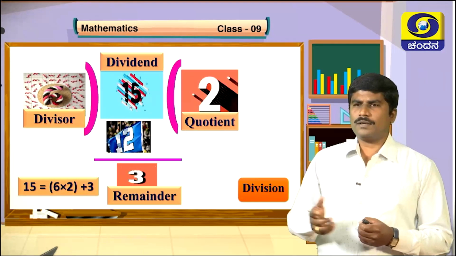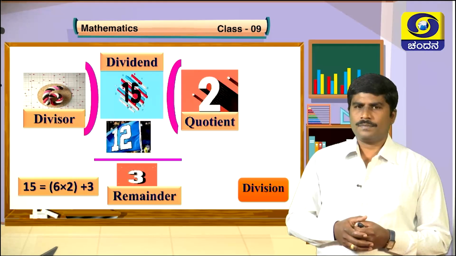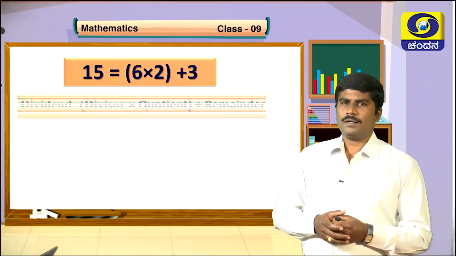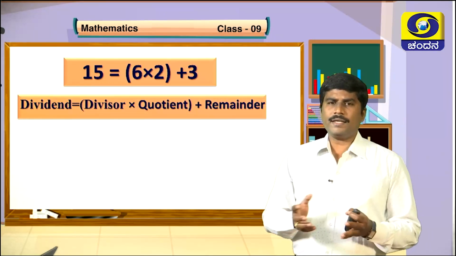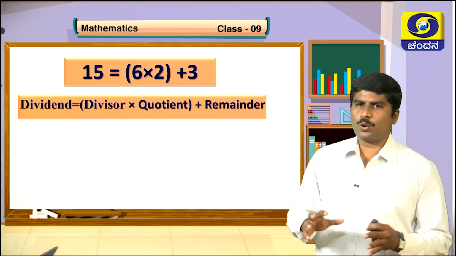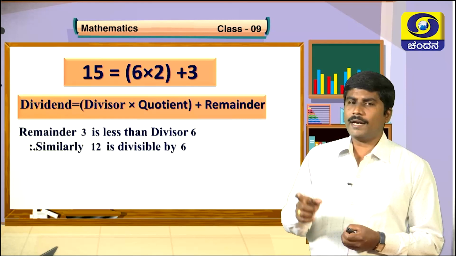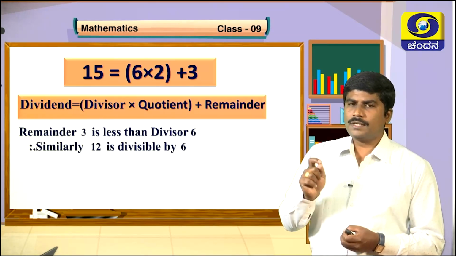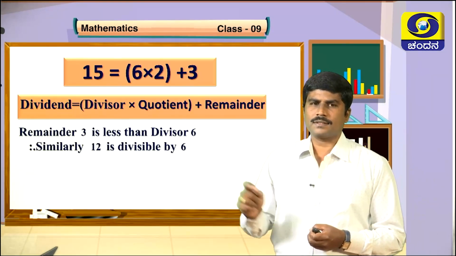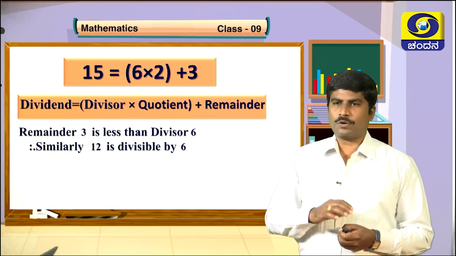This is the normal division process. It reminds us that dividend equals divisor into quotient plus remainder. Because the remainder 3 is less than the divisor 6, we stop the process of division.